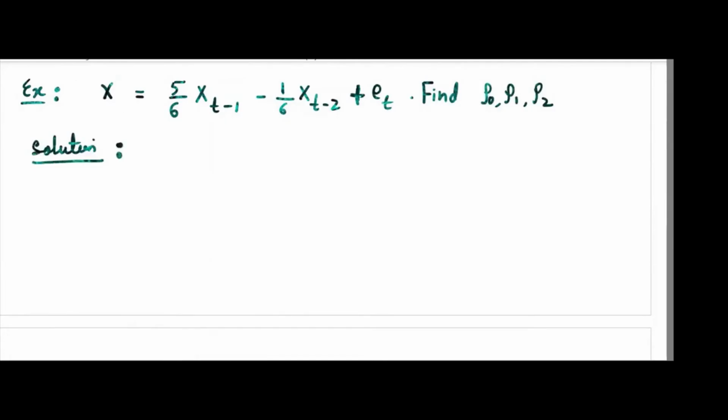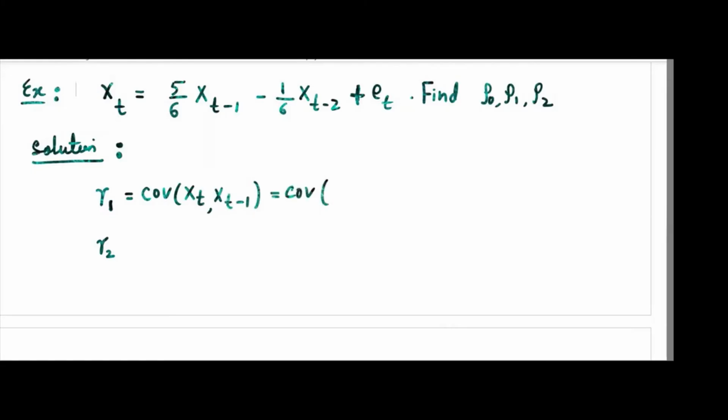Let me replace it by x_t. So suppose I want to find gamma 1. Then I'll write gamma 2 here. If I write gamma 1, that is covariance of x_t, x_{t-1}. Remember, you have to follow a particular way. Even if you write x_{t+1}, that will be correct, but that will create a lot of problems once again.